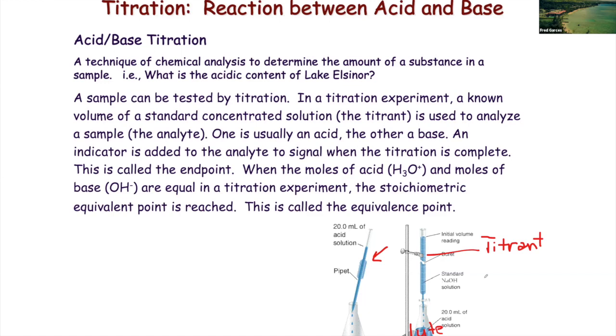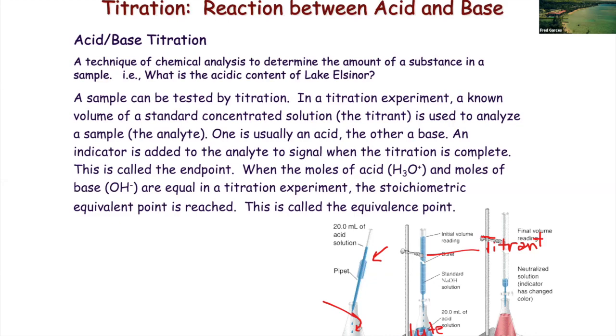Because what you need to do is get to the point where you've added enough of the titrant so that the moles of that chemical is equal to the moles of the chemical that you're analyzing. That would be the equivalence point. And how do you know you've reached that point? Generally what you will do is add another chemical, just a few drops, called an indicator. And that indicator changes color when you've reached the equivalence point.